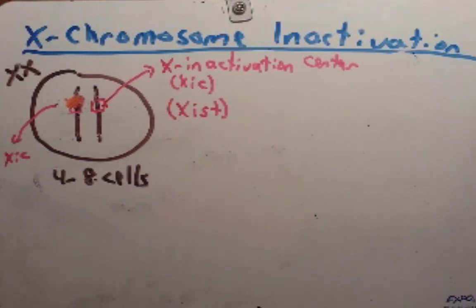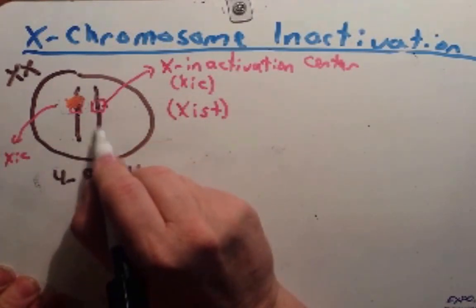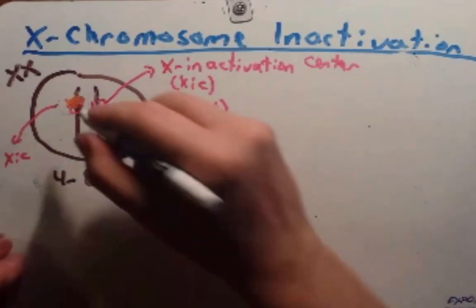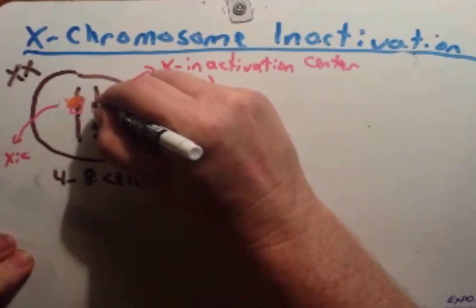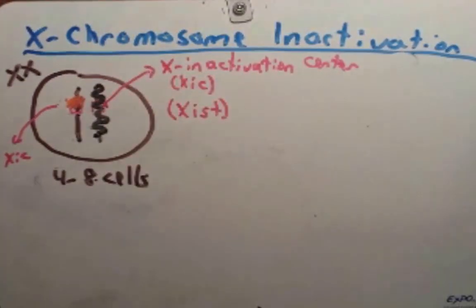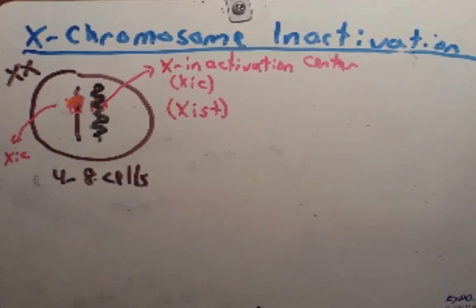It's not a messenger RNA, it's a different kind of RNA that doesn't get turned into a protein. It remains an RNA, and it remains associated with this chromosome. I'll draw a squiggly line around this X chromosome, and that's what RNA does. It wraps around the X chromosome that will become inactivated.